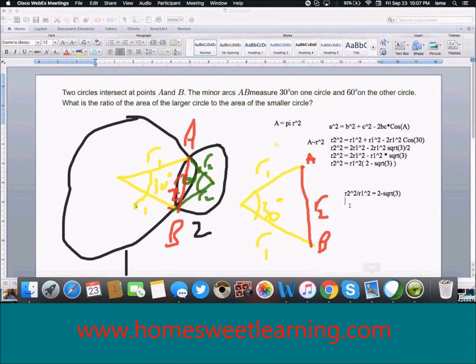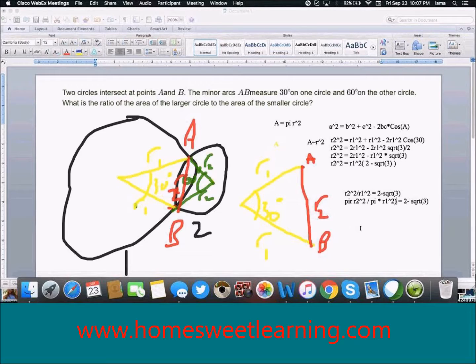If we multiply the top and bottom of a fraction by pi, nothing changes. So you have pi times R2 squared divided by pi times R1 squared equals 2 minus the square root of 3, just like before.